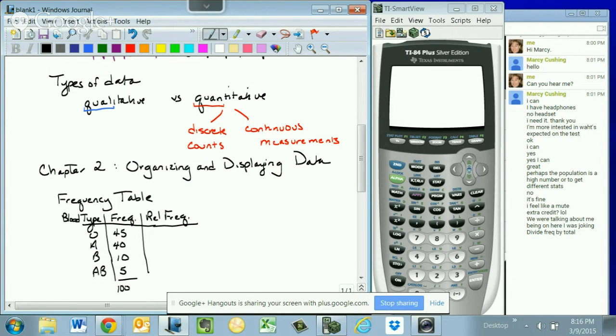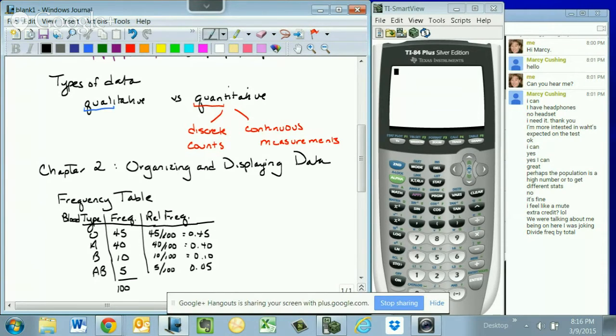I said this adds up to 100%. You know, and I'll take either decimals or fractions. Okay, so that would be the relative frequencies. So this is the proportion of times that we observed each blood type.